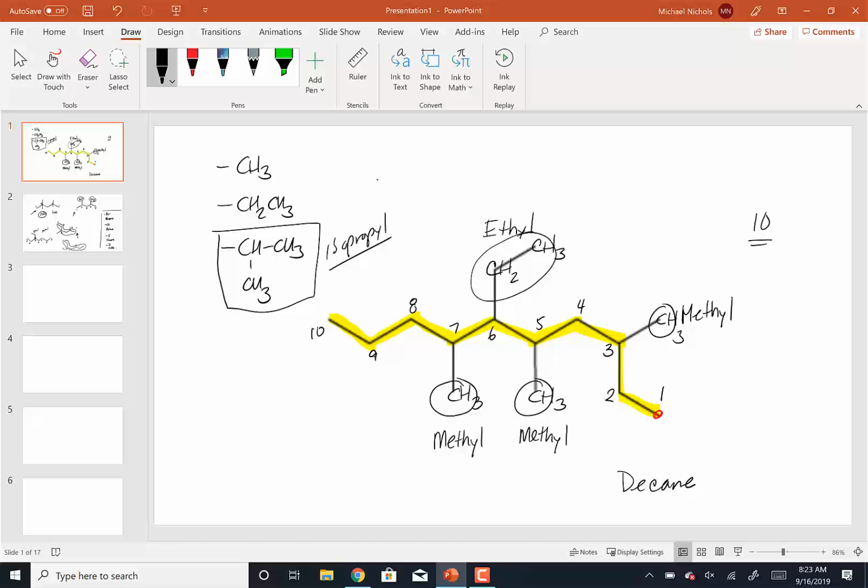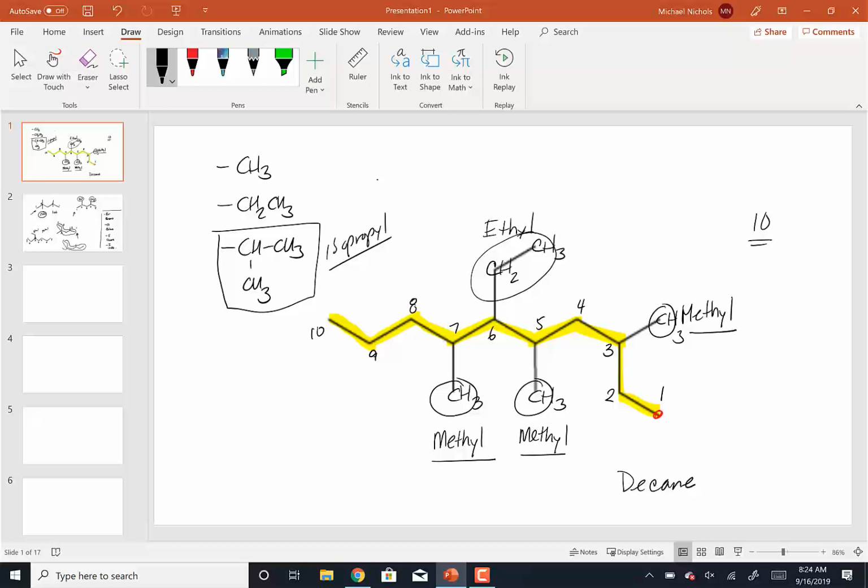I have an alkane functional group. Okay. Now what comes before the decane is a listing of the groups and where they're attached. So a number and the group. Now what we have to do is, if any of the groups are the same, we have to collect those up. So for instance, I have 3 methyl groups.